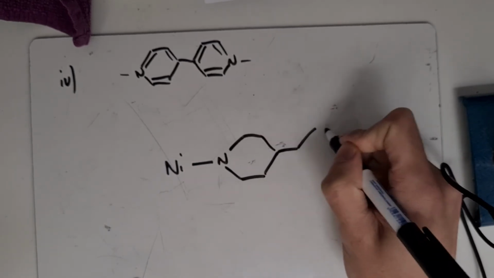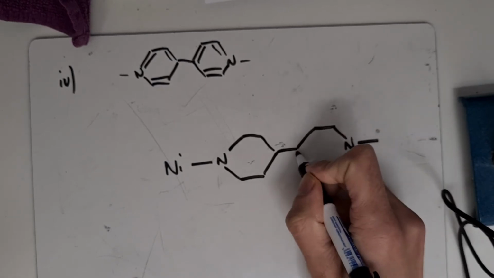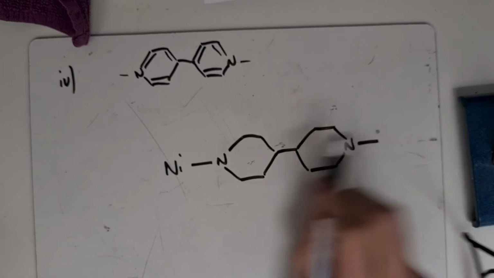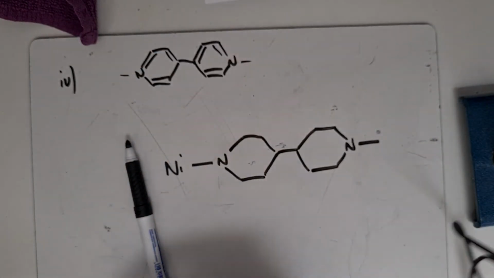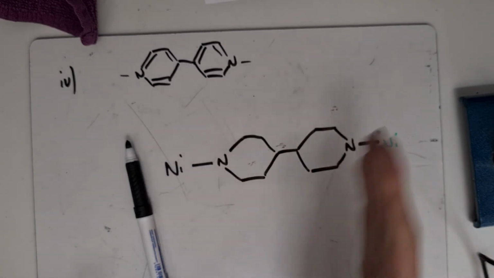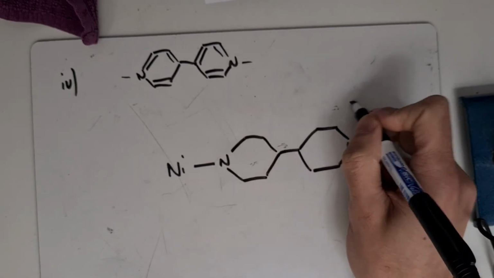And so that can continue on, and we could then get another nickel this way and then carry on, and we get a chain of the polymer formed through that coordination bond. But that's going to be my far end.